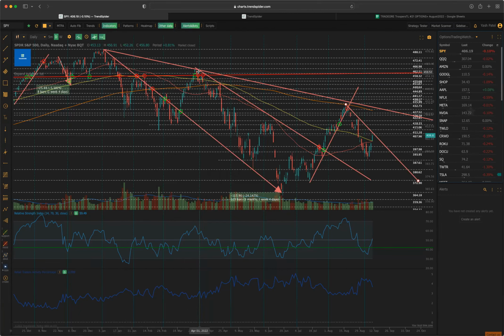But when you zoom out, look at this downtrend. The first wave of downtrend went from January all the way to March 15th, basically, with some bounces along the way. That's when this downtrend line ended and we got a trend break.